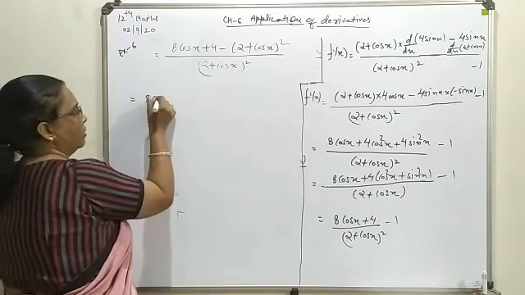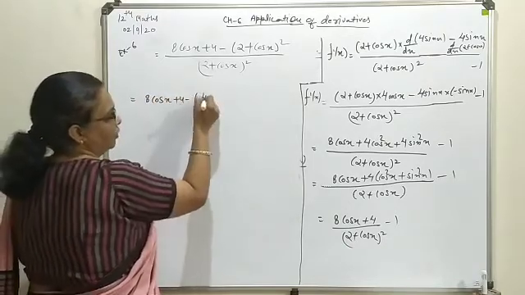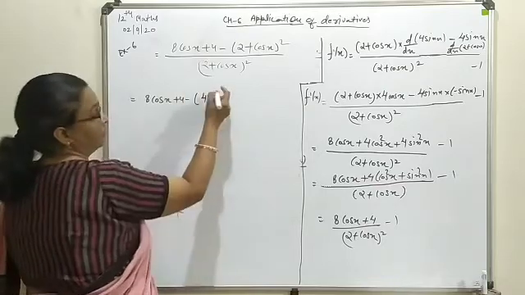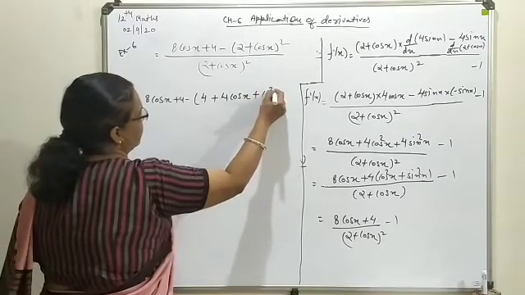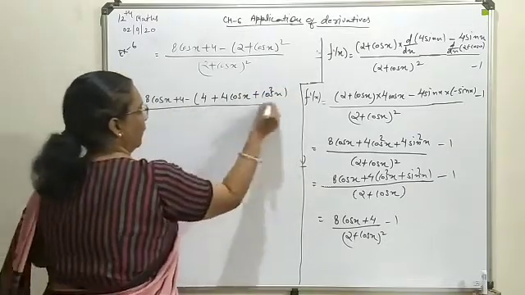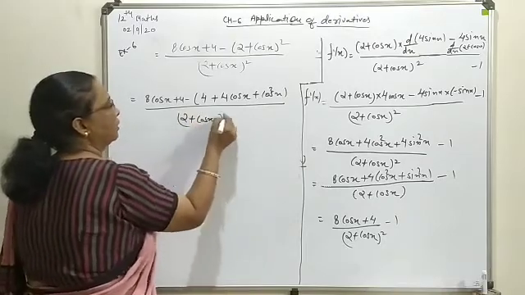This is 8 cos of x plus 4 minus, expanding, 4 plus the middle term 2 into 2, 4 cos of x, and the last term cos square x, whole divided by 2 plus cos of x whole square.